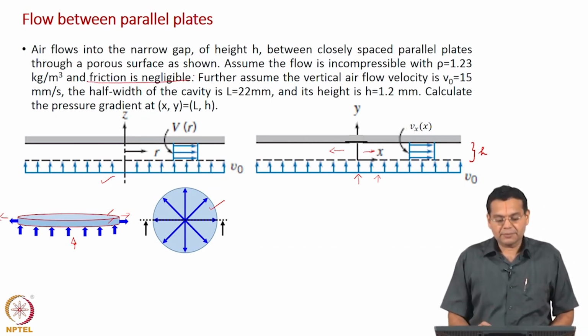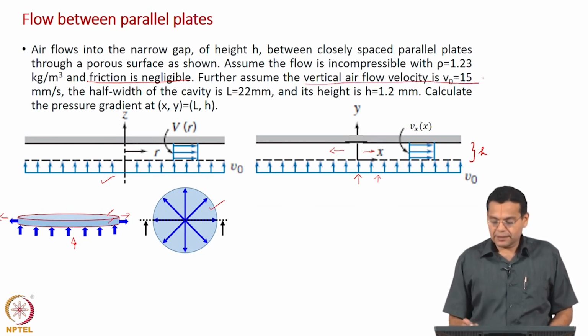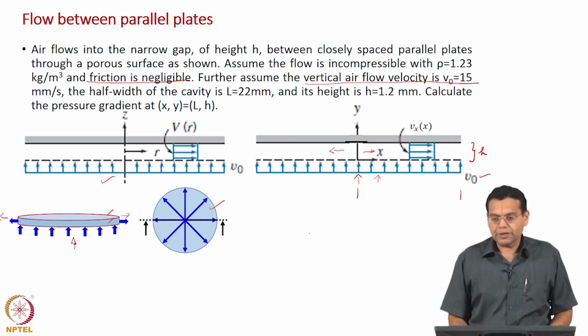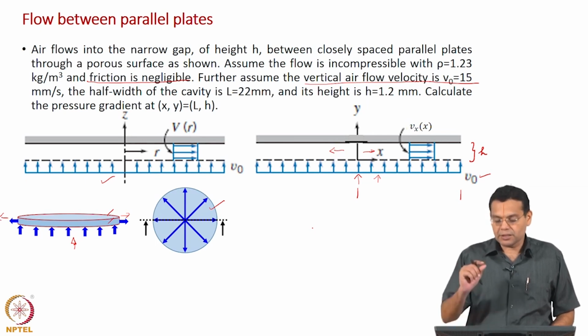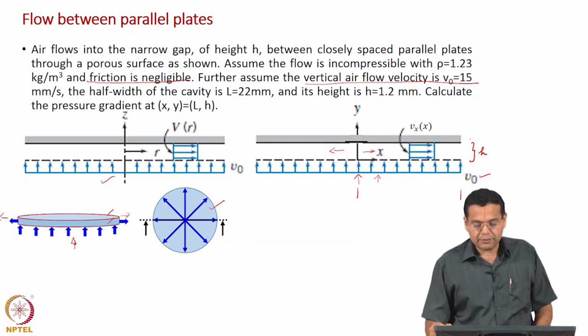When we say friction is negligible, the net viscous force is negligible. Further, assume the vertical airflow velocity is 15 millimeter per second, this velocity is given to us, and the half width of the cavity, L, is given as 22 millimeters. The height is given as 1.2 millimeters, it is a narrow gap, okay, and we are asked to calculate the pressure gradient at x comma y equal to L comma h.